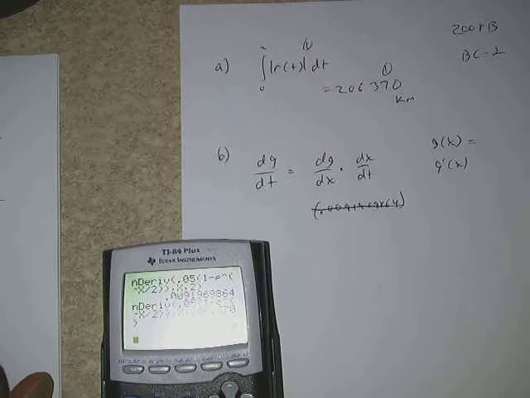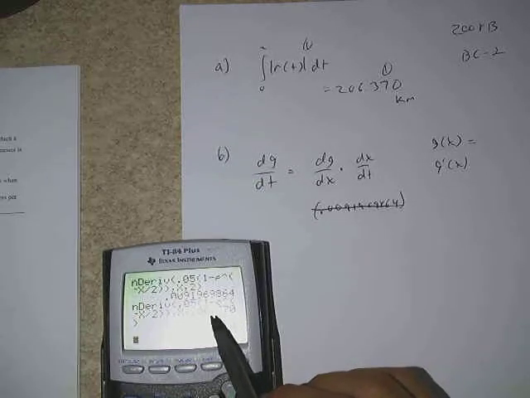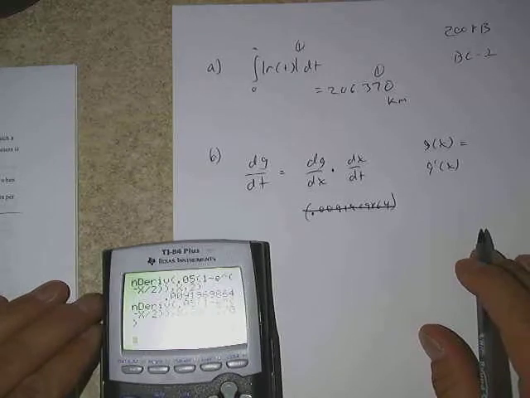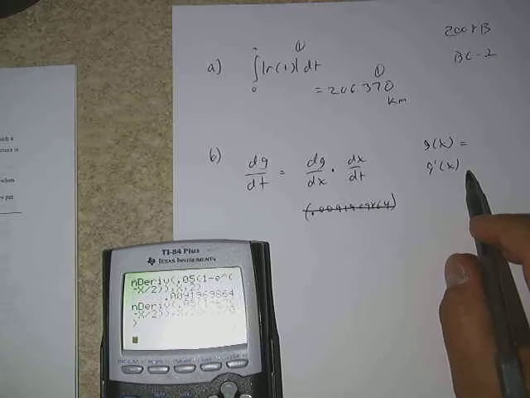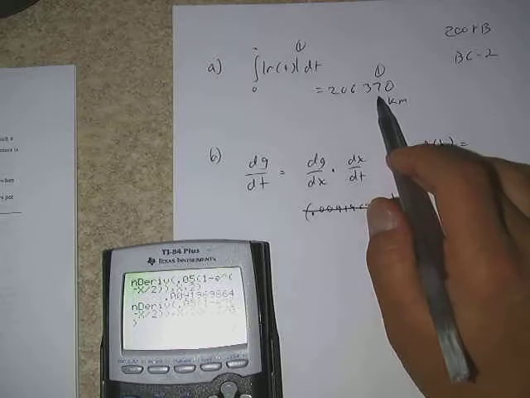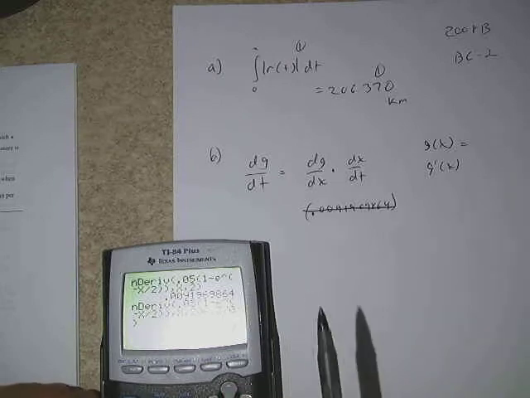Well, didn't we calculate that in our first problem? There's our distance, isn't it? So we need to put not a 2, but 206.370. Okay. So ultimately, that gives us 0, which is not right. Something's not right. I typed in something wrong. No, it's a derivative. We want the derivative at that point, right?